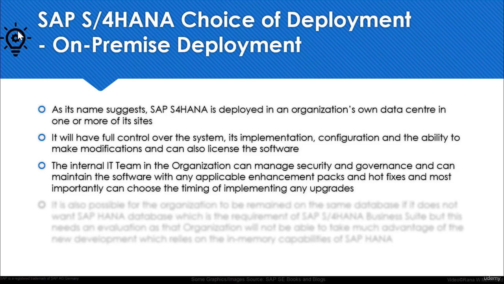Normally, if it is not on-premise deployment, organizations have to follow the fixed timing when SAP releases any upgrade, so they don't have any option but to go with that release date. But with on-premise deployment, the organization can choose the timing of implementing any upgrade.